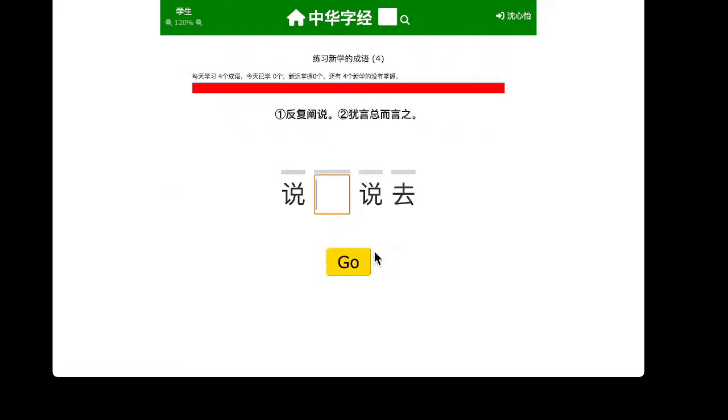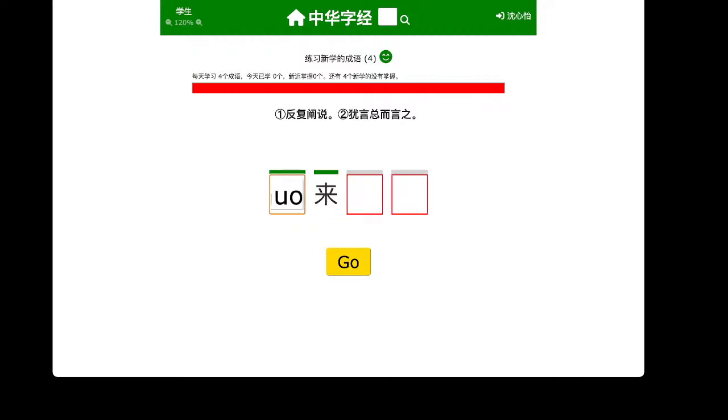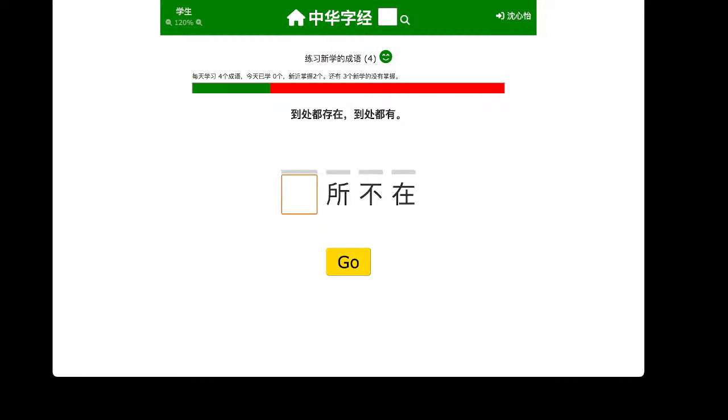Okay, now it wants me to practice. Whatever, that's fine. Give me my Chinese input. 说来说去 Oops.